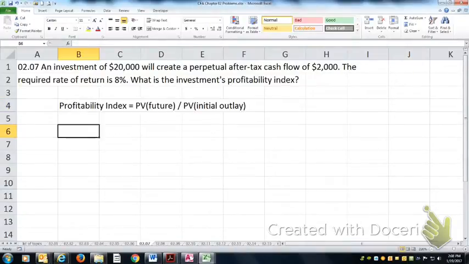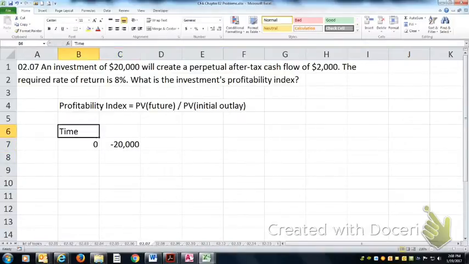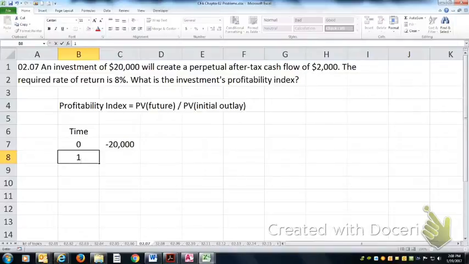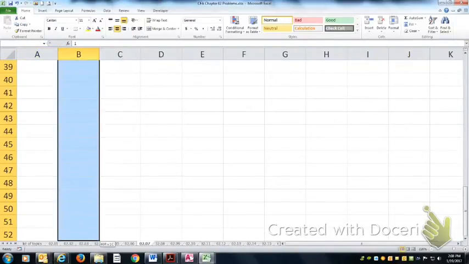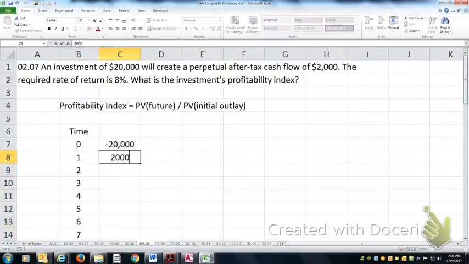So, putting together a timeline, year 0, you're going to spend $20,000, and then you're going to have a perpetuity for forevermore of $2,000 a year.